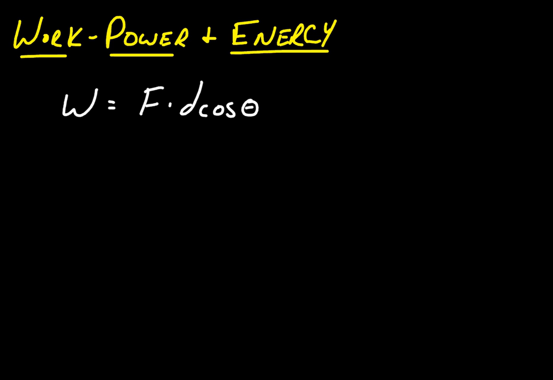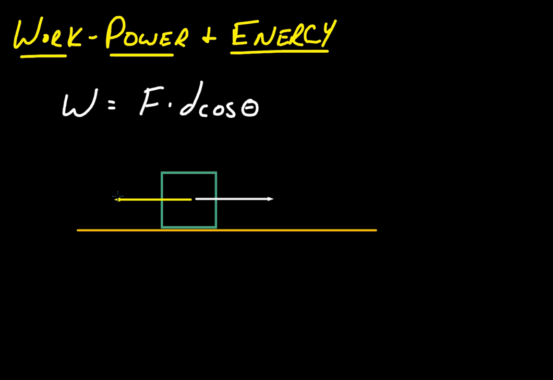All right, so just to clear up what's going on there, if we were to apply a force to something like a box sitting on a surface, say we were to push it and say there was a frictional force acting on this object.